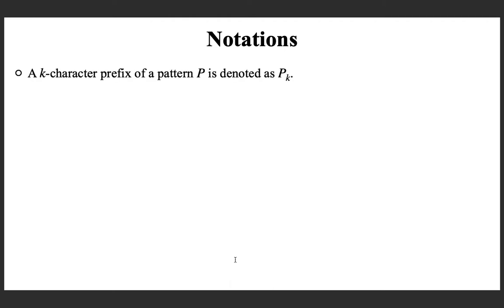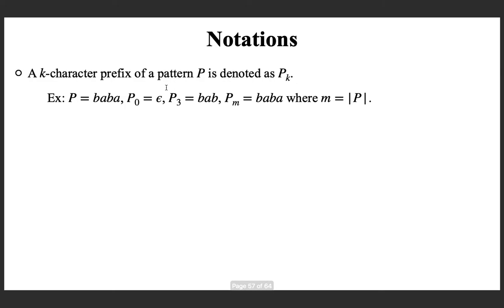Now, a k character prefix of a pattern P is denoted as P subscript k. That means the k leftmost symbols from P. Example, if P is BABA, what is P0? It is epsilon.